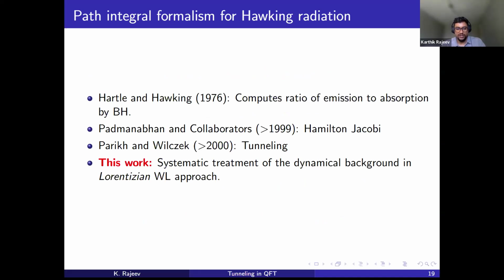As I said earlier, there's a lot of history on Hawking radiation based on path integrals. But here, what I'm trying to do is make this connect well with the amplitude-based approaches. That is, try to get the amplitude directly, and also to make this Lorentzian approach more manifest here.